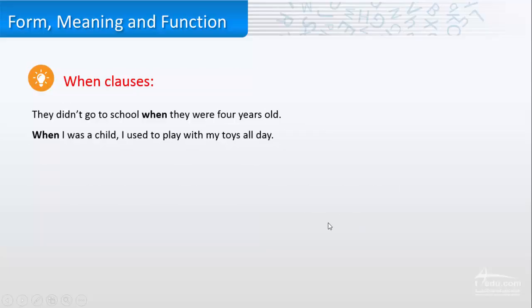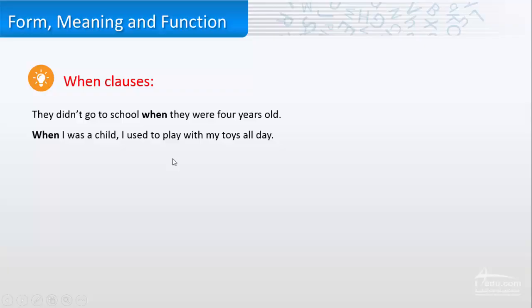When clauses. They didn't go to school when they were 4 years old. So I can connect two sentences by using when. When I was a child, I used to play with my toys all the day. Now, I can use when in the middle of the sentence, or I can use it at the beginning, but at the end of the first clause, I add a comma, then I can continue with the other one, okay?